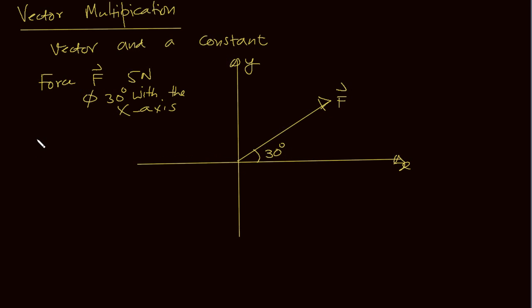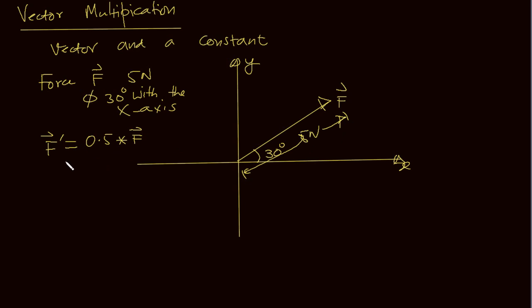And now I find another vector, call it F prime, and I multiply 0.5 to the original vector. So this was 5 Newton.